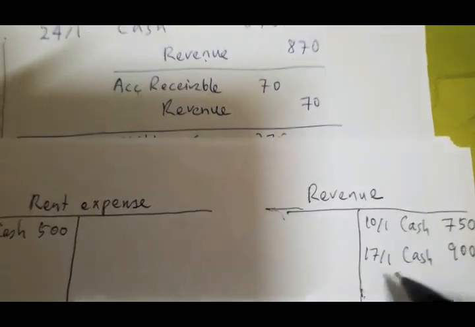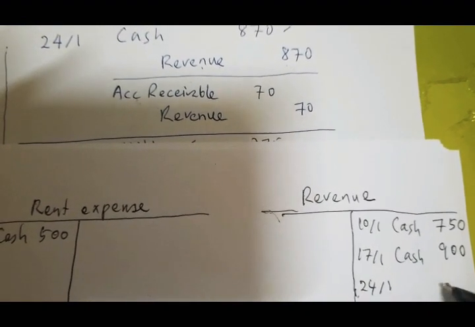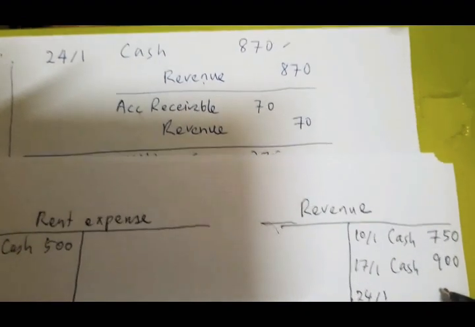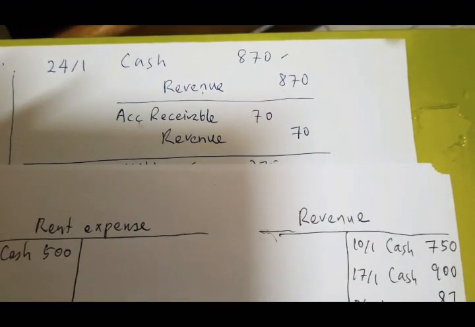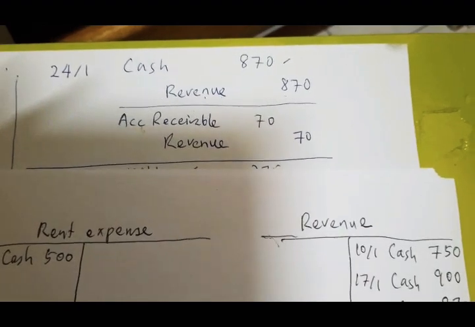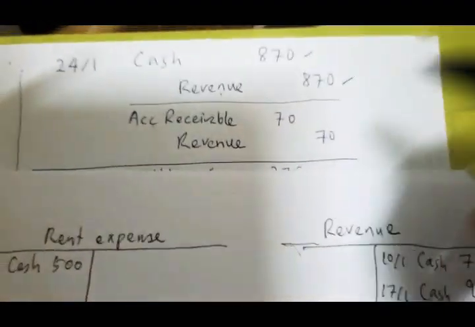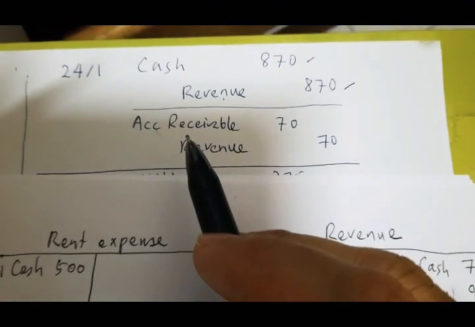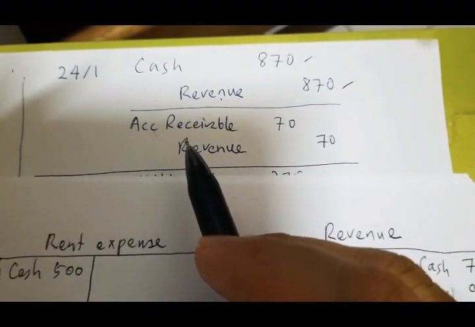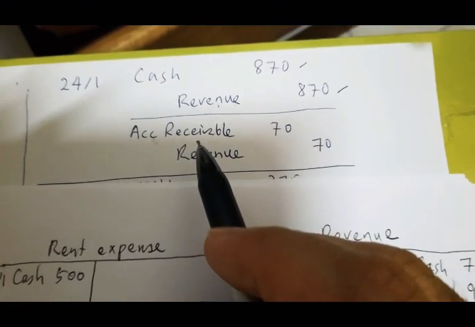The date is 24th of January. Credit account revenue 870. Refer to account cash. See, refer to account cash. So this is done.